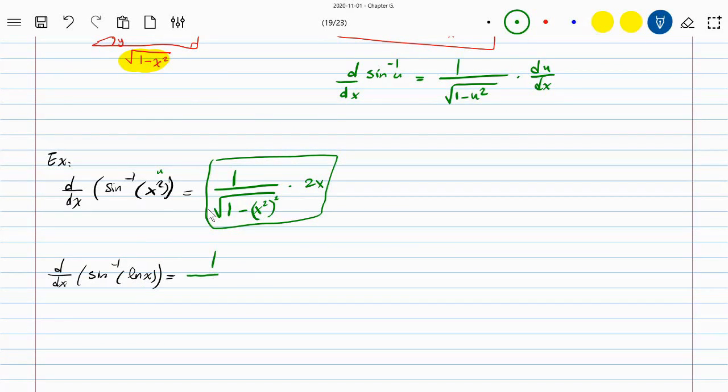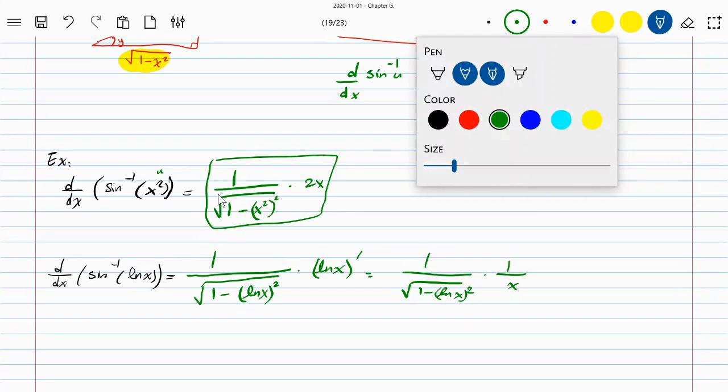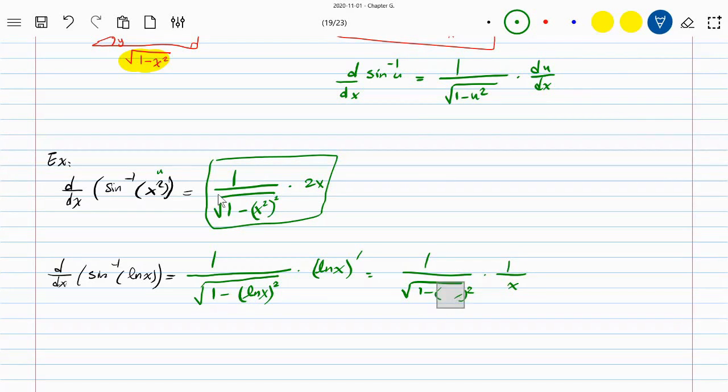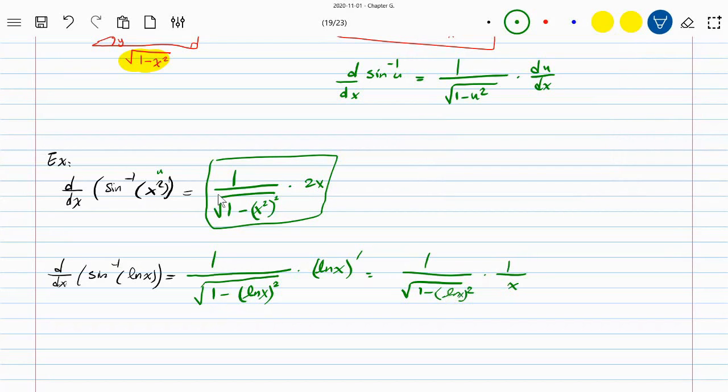So what we get is 1 divided by square root of 1 minus ln x squared, multiplied by the derivative of ln x, which is 1 over x.